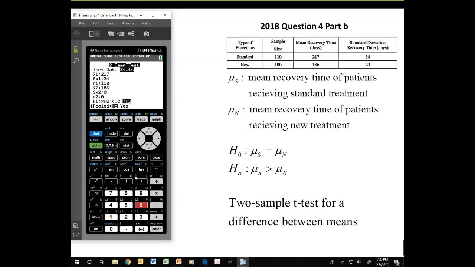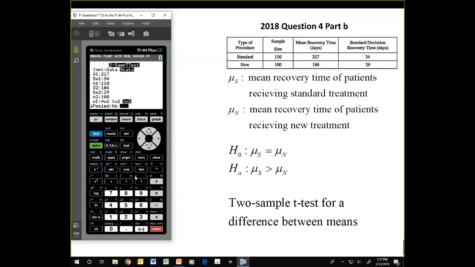Standard deviation was 29. And the sample size was 100. This was a one-tail right test. So we want to see if mu1 is greater than mu2. And again, we're not going to pool.